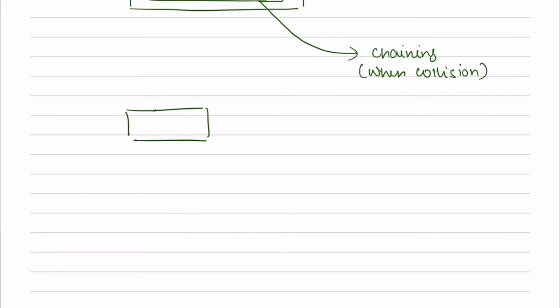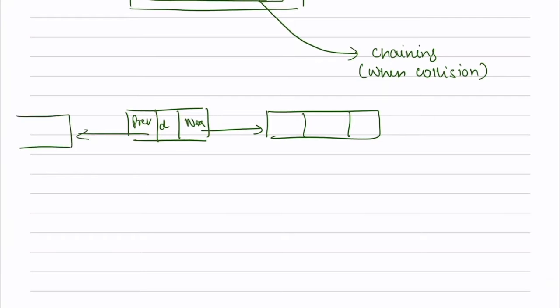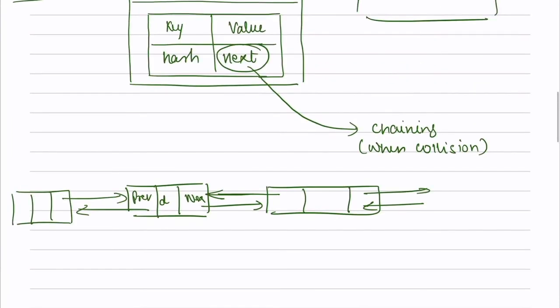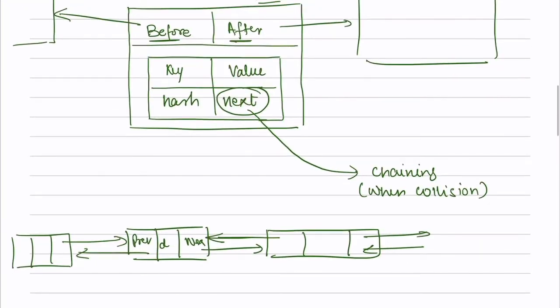Something like this: previous, next, and here data. So this stores the next elements, and this stores the previous nodes, right? And similarly this one will point to this one, and this like this one. So this is a kind of doubly linked list which is created.